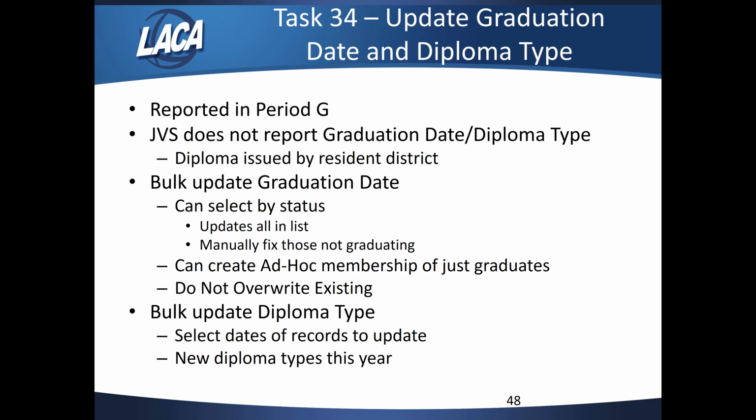So then you would have to go back and manually fix all of those. So it's easier if you have an ad hoc of all of your seniors and then run the bulk graduation date update on that ad hoc.